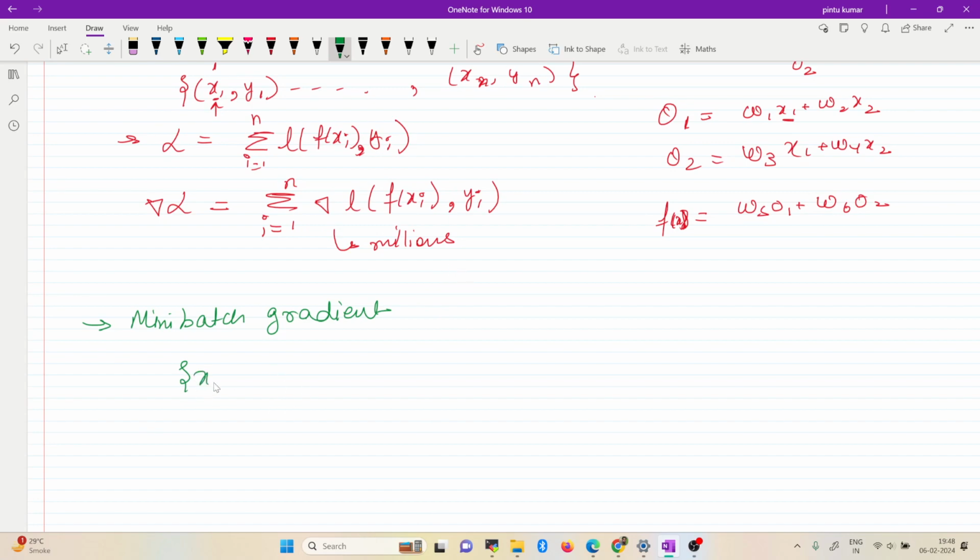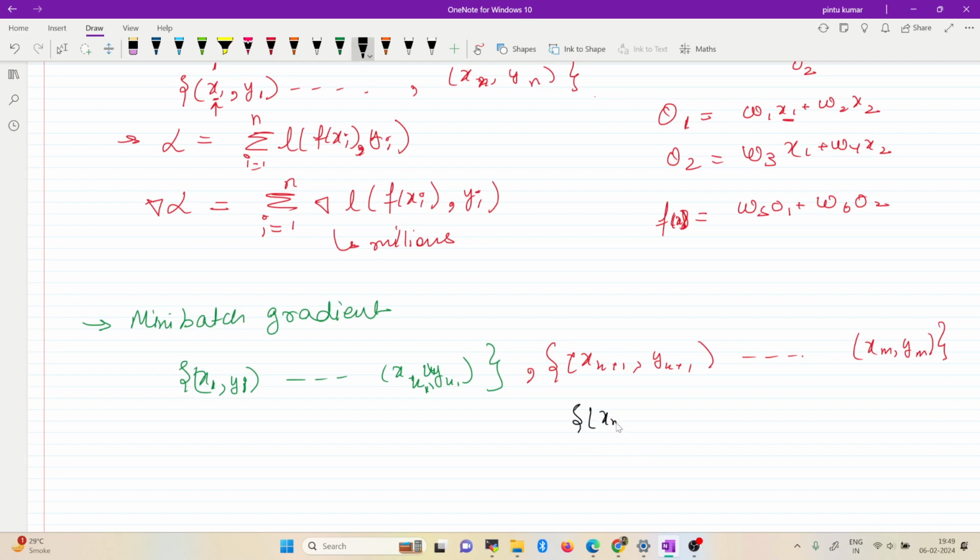You divide from x1, y1 to xk, yk, then from xk plus 1 to xm, ym, and the final split will have data points xm plus 1, ym plus 1 to xn, yn.